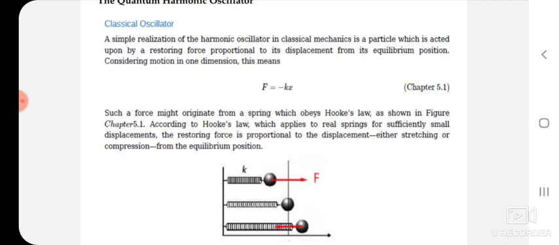Such a force might originate from a spring which obeys Hooke's law, as shown in this figure. According to Hooke's law, which applies to a real spring for sufficiently small displacement, the restoring force is proportional to the displacement, either stretching or compressing, on both sides from its equilibrium position.